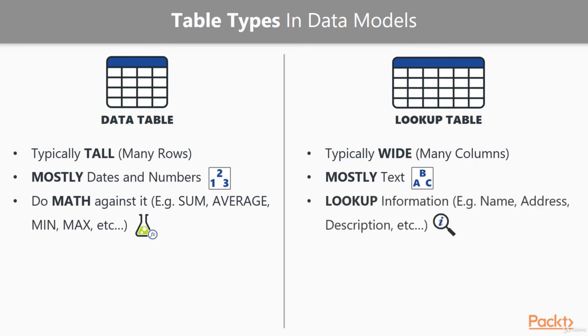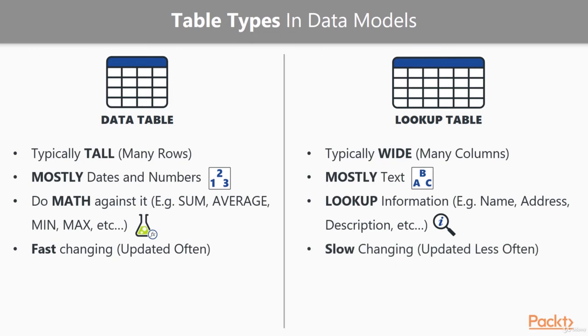Containers for records or transactions, they're typically very fast changing, meaning updated often. Very likely they're updated daily or sometimes weekly. Lookup tables comparatively are updated less often, so information regarding products, customers, geography, and so on don't change nearly as often as records, transactions, or sales.